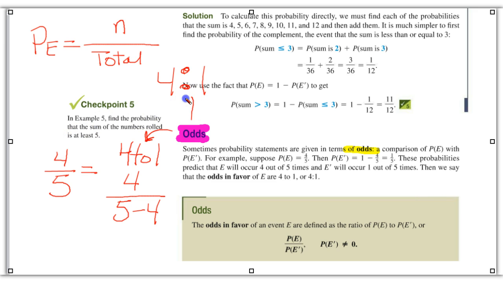That would be odds, and this would be probability.